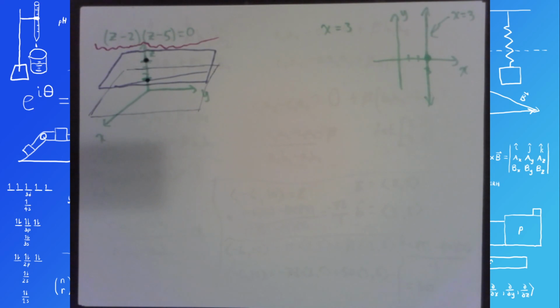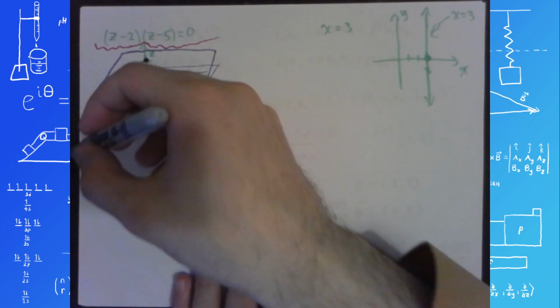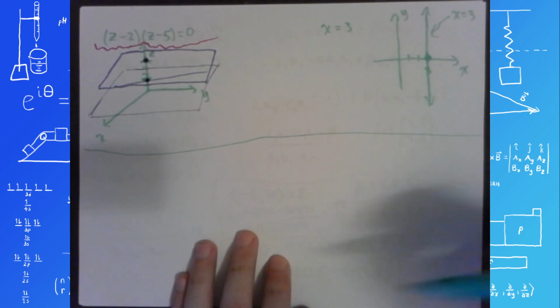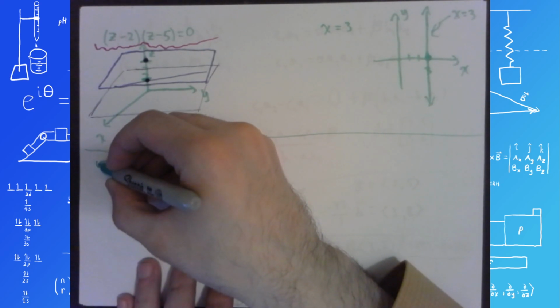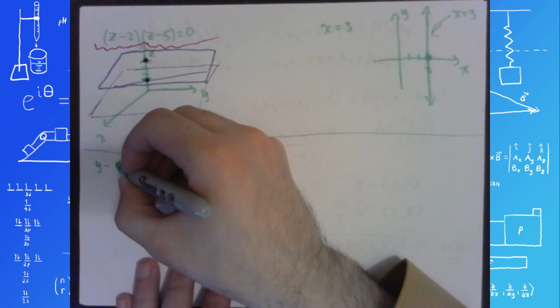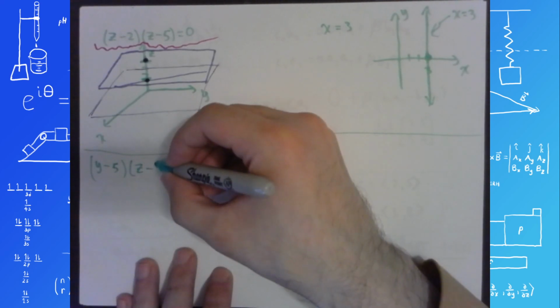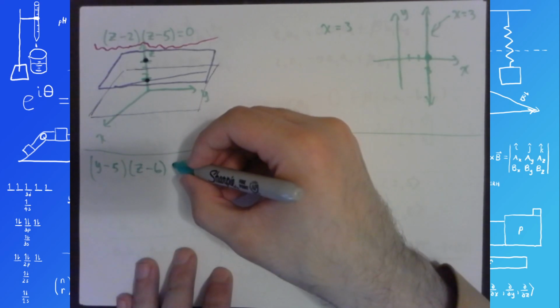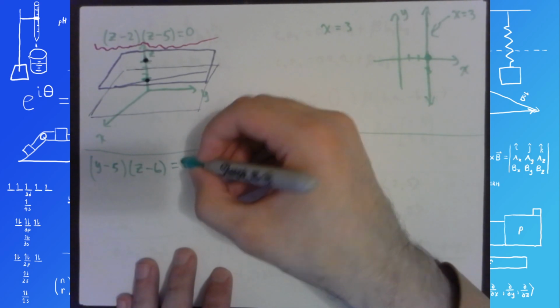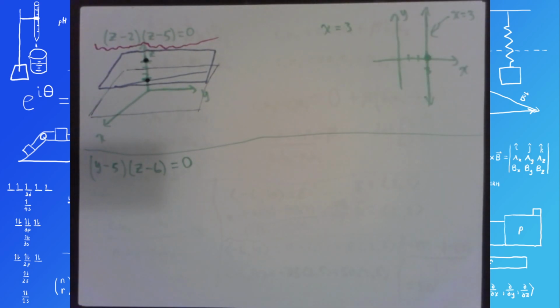Okay, y minus 5 times z minus 6, if we go back to the other one, is equal to 0. So that's going to be a similar business. That might actually be easier to illustrate. So y minus 5 times z minus 6 is equal to 0.